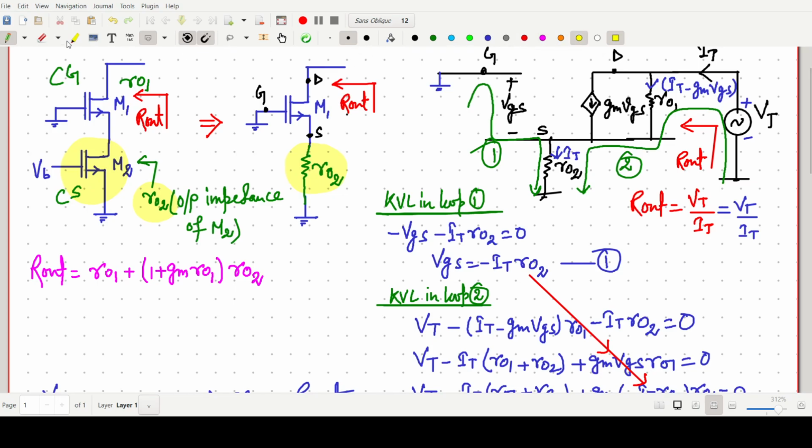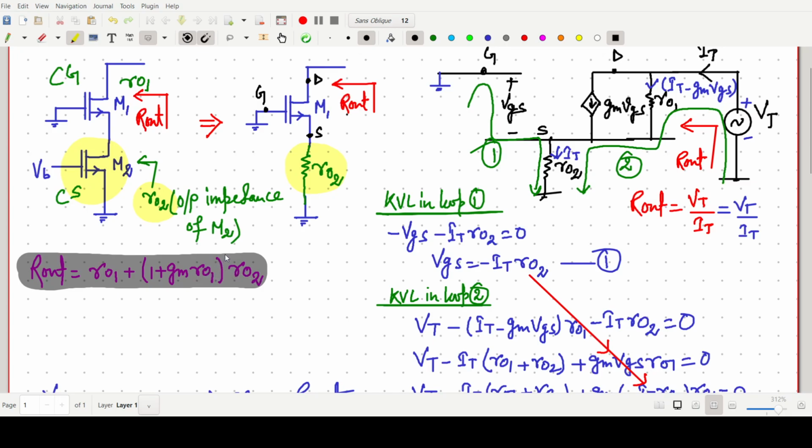In this way you can also write the output impedance of a cascode amplifier: r_o1 is the output resistance of one transistor, plus (1 plus gm1 r_o1) into r_o2.